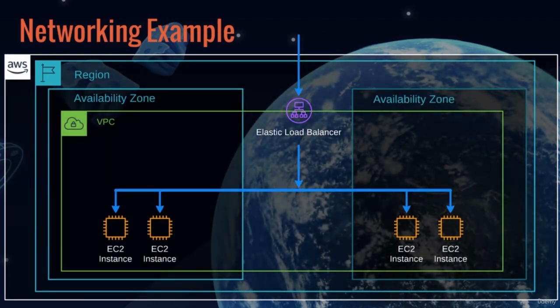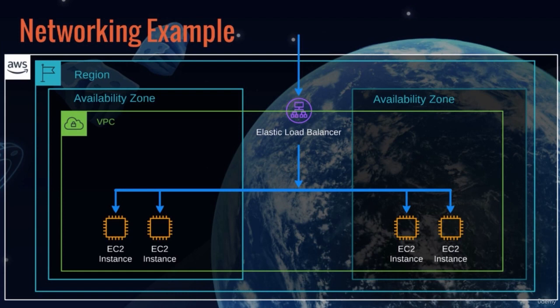We can launch EC2 instances in multiple availability zones, and our elastic load balancing service can distribute that traffic across multiple availability zones as well. So if one availability zone goes down, the elastic load balancer will continue to distribute traffic to the availability zone that is still healthy, and to those instances in that availability zone that are still healthy as well.